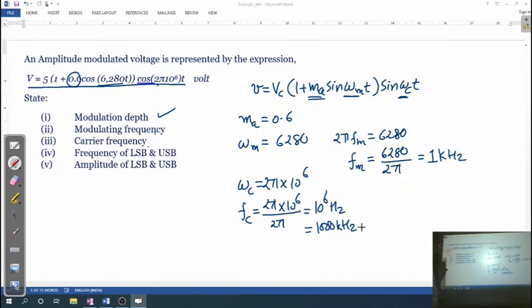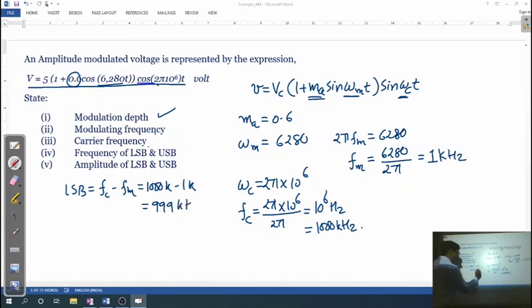Okay. What is next? Frequency of the LSB and USB. LSB will be equal to Fc minus Fm, that is 1000k minus 1k, it is 999 kilohertz. This is the frequency of the lower sideband.